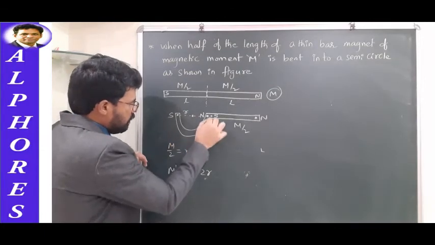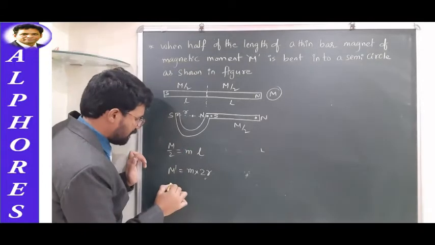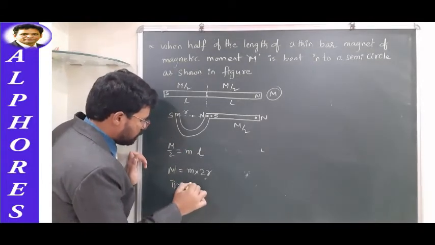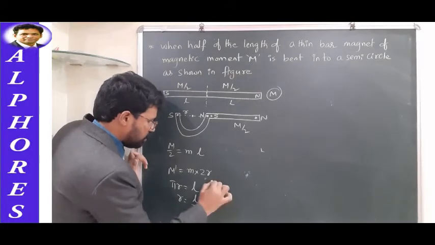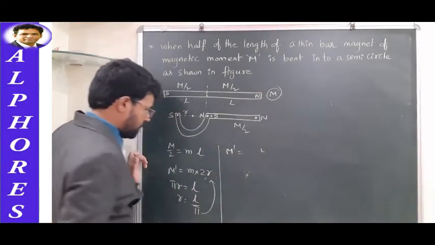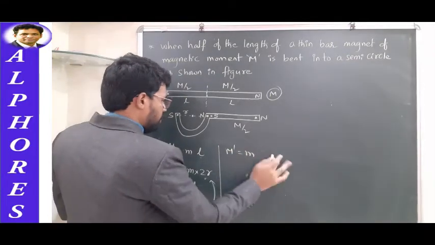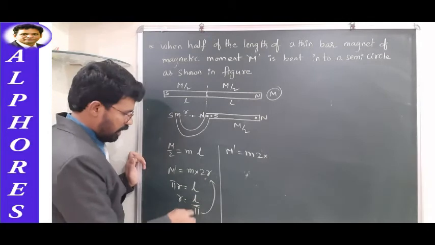Here the circumference is equal to L. The circumference of a semicircle is pi r, which is equal to L. Therefore, r is equal to L by pi. Now let us replace here. Then m dash comes out to be m into 2 into L by pi.